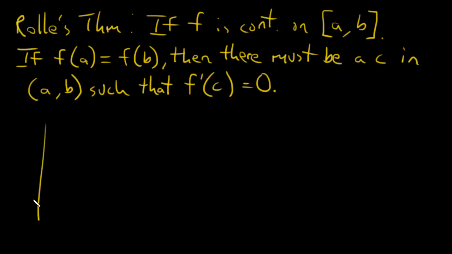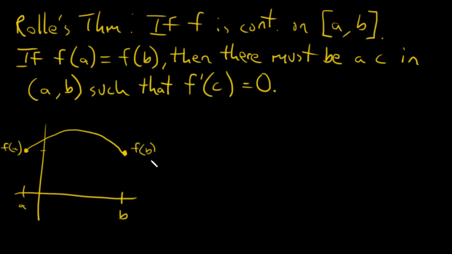So I've got some function. I'll go ahead and I'll make one up. I'll call this a, and this b, and I have some function where the y value, if I could draw correctly, for a, which is f at a, and the y value of b, which is f of b, are the same value.